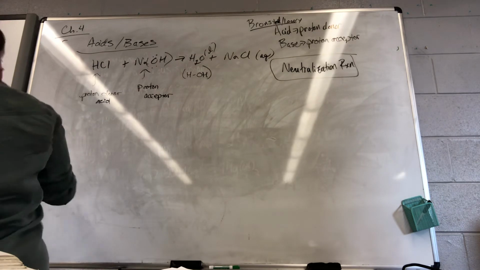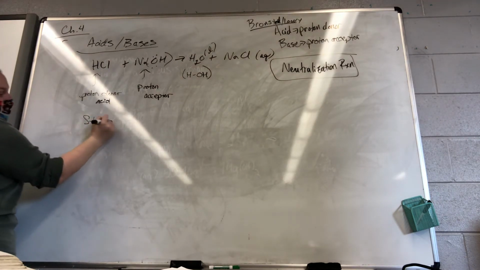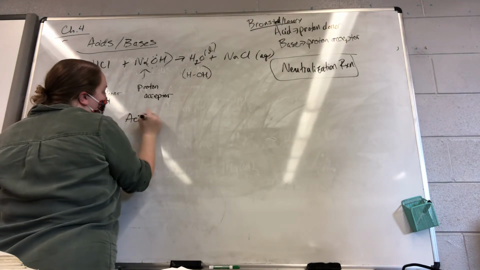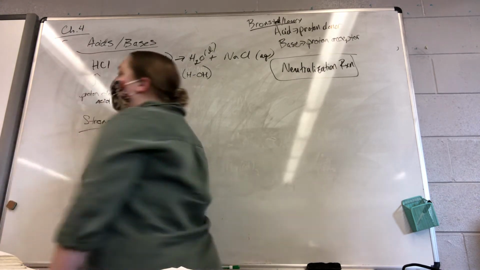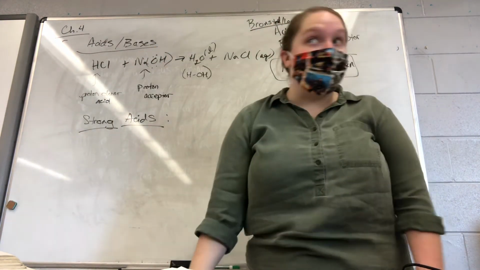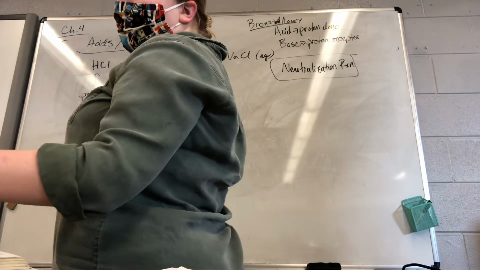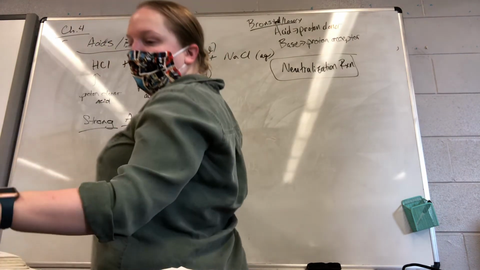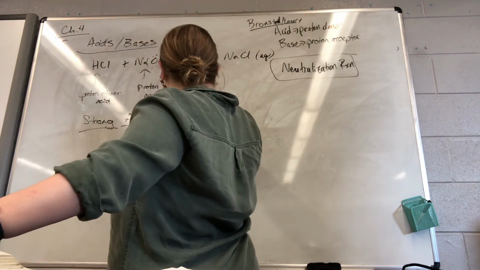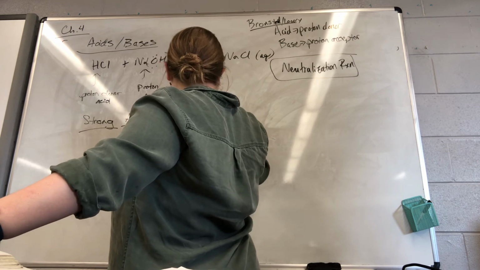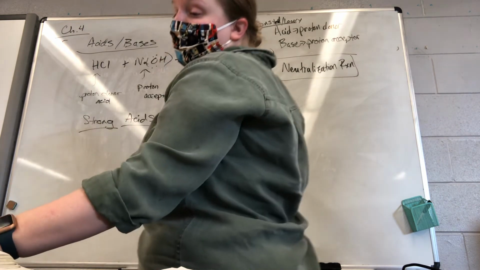All right, from there, strong acids. If it is not one of the strong acids, it is by definition a weak acid or a base. What are the strong acids, you may ask? The ones you see most commonly?